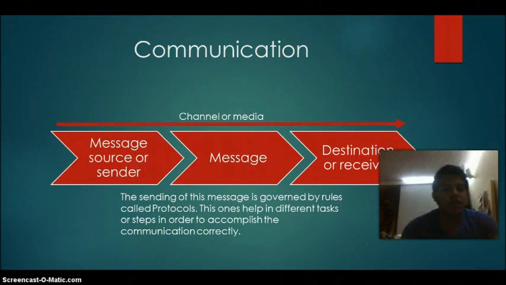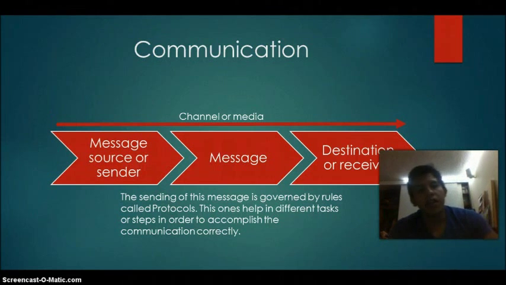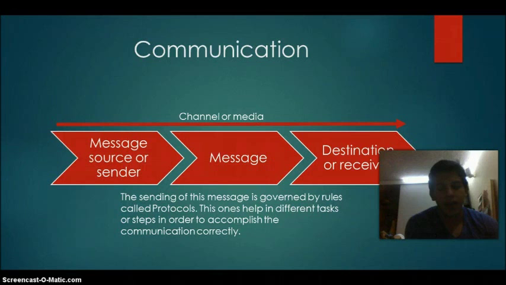The communication is composed of a message, a source or sender. This means that it can be a person or it can be a computer, whatever is the thing that wants to transmit something.